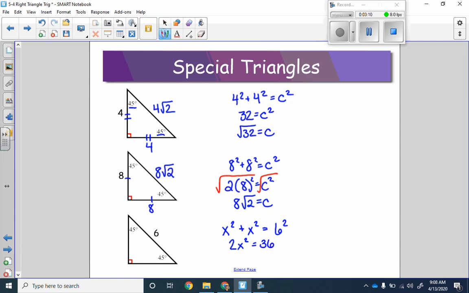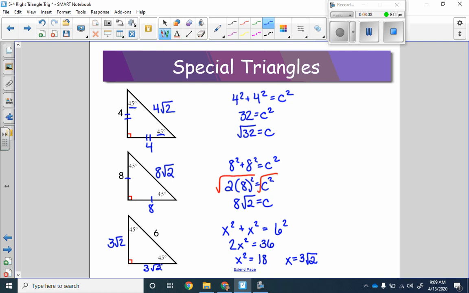Then we divide both sides by 2, so x squared is 36 divided by 2, which is 18. Then I take the square root of that, and I get x is equal to 3 square roots of 2. And that gives us our two sides.